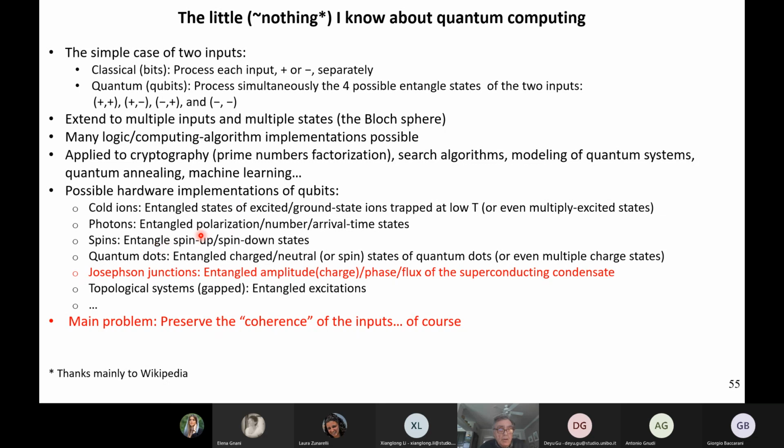Spins, entangled spin up and spin down states, these would be both nuclear spins and electronic spins, and you can use spintronics in some way extended to quantum computing. Quantum dots, you can have entangled charge or neutral states, you can have spin states, you can have excited states if you want, so multiple charge states, you can put multiple electrons in a quantum dot.